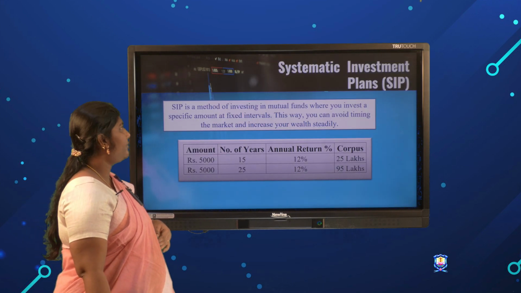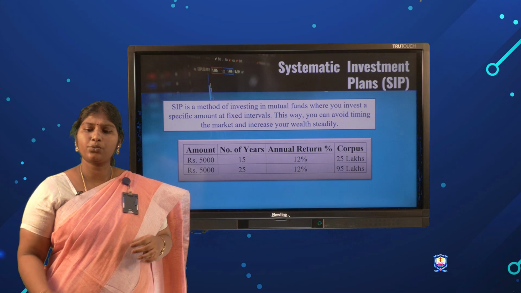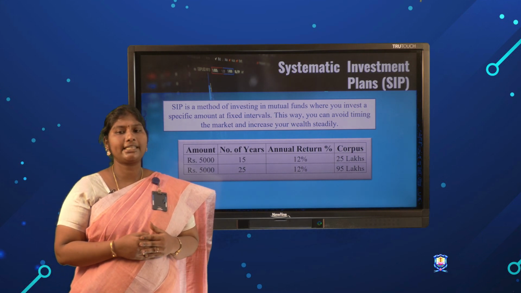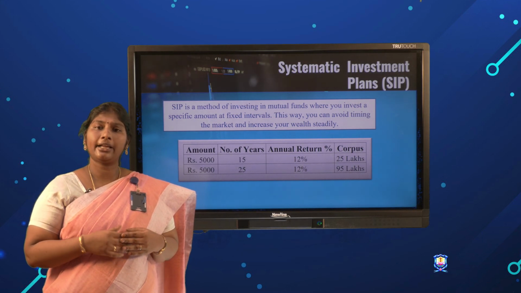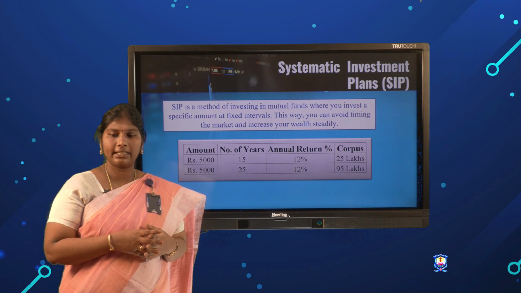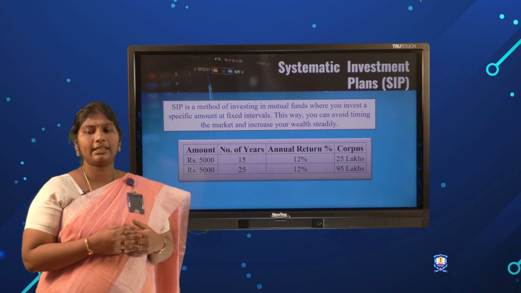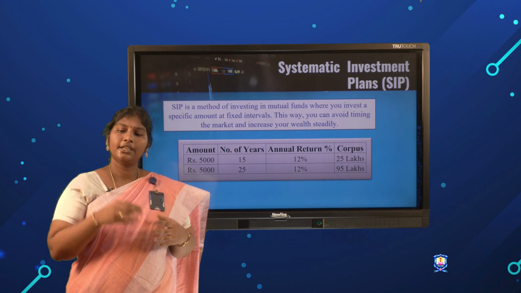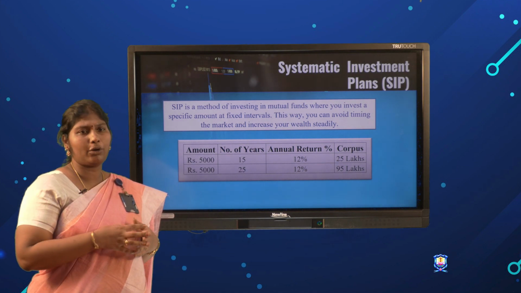SIP, Systematic Investment Plan, is one of the best features of investing in mutual funds. That means you need not have a large amount of money to start investing. Most of the fund houses in the country allow investors to begin investing with a small amount of money.